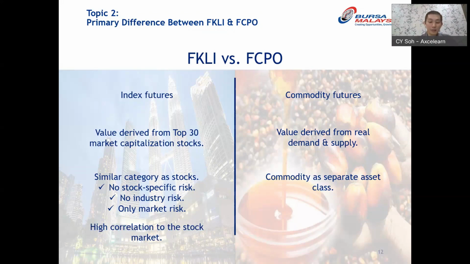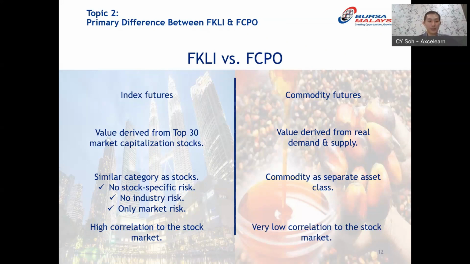However, for FCPO, because it is a commodity asset class, whether your stock market goes up or your FKLI goes up, it has nothing to do with that at all. It has a very, very low correlation to the stock market, because whether there's COVID or no COVID, you will still need cooking oil, right? You still need cooking oil to cook.